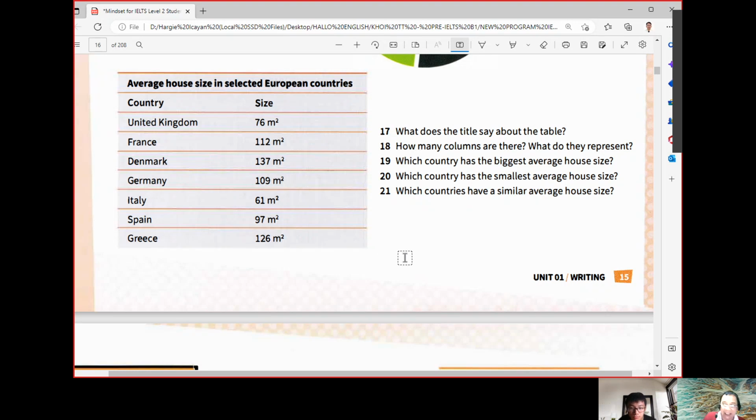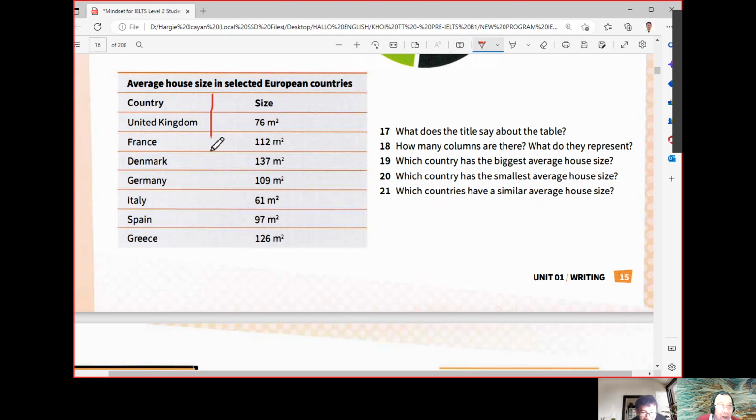Question number 17. What does the title say about the table? Size of houses in selected European countries. Of course, very easy. Next, how many columns are there? There is a total of 8 countries, but how many columns? We're talking about columns. Yes, 2 columns.